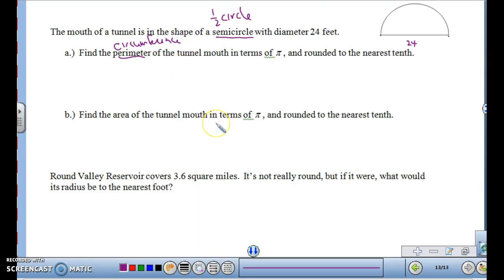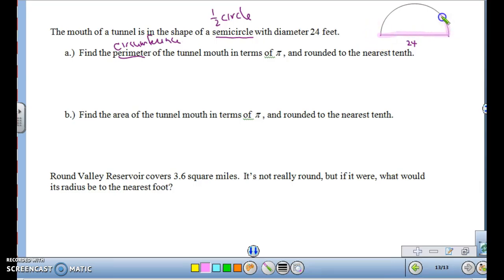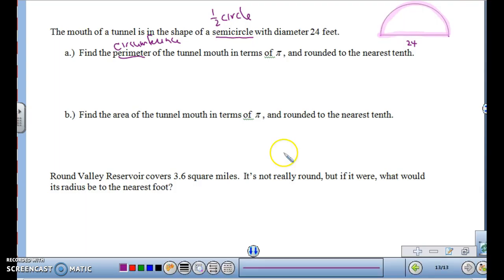We want to figure out how far it is from here to here and from there to there. So that would be the perimeter, in terms of pi and rounded to the nearest tenth. The perimeter would be the 24 plus the half circle.